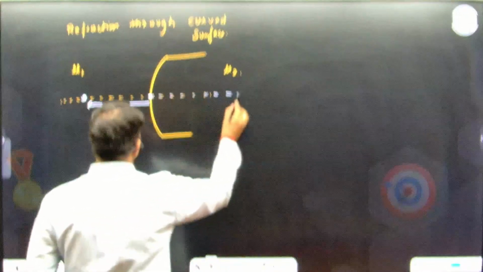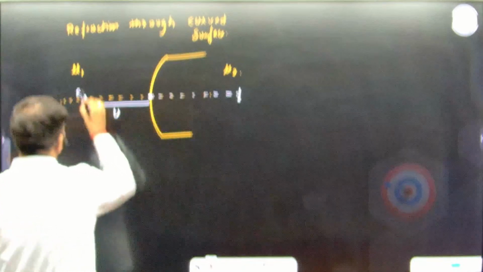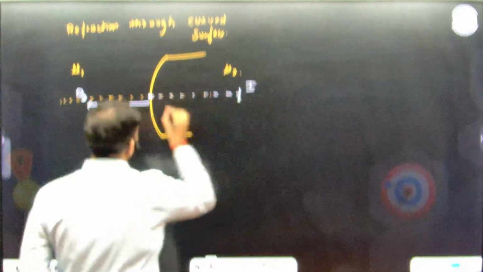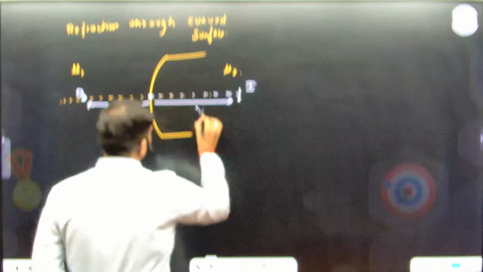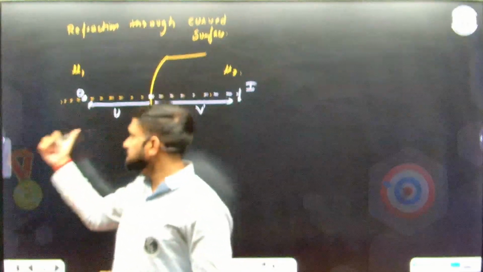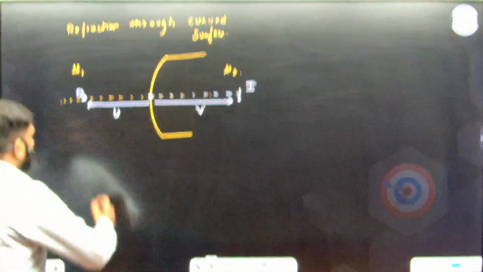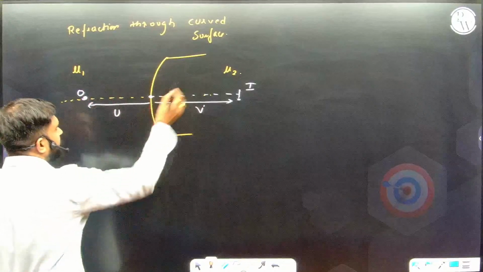Wherever the image is formed, maybe here or maybe somewhere else, I'll call this as object and this as image, so the distance v. Now this distance I have shown in the diagram, but again these distances I am going to take with proper sign convention. What's the formula? This is the initial medium, this is the final.